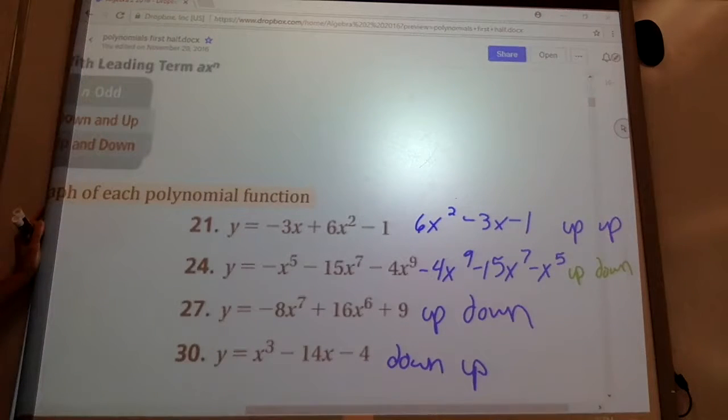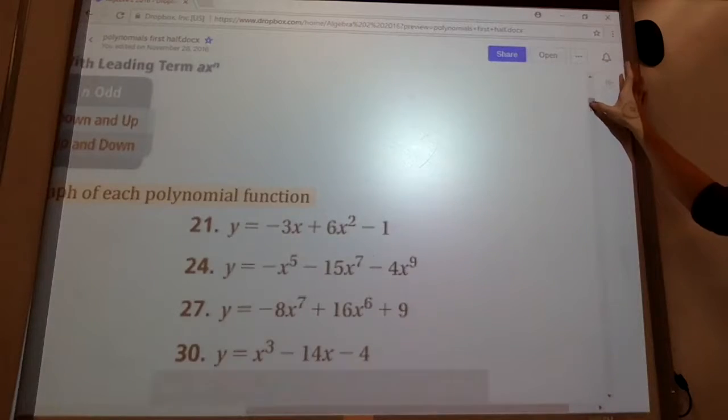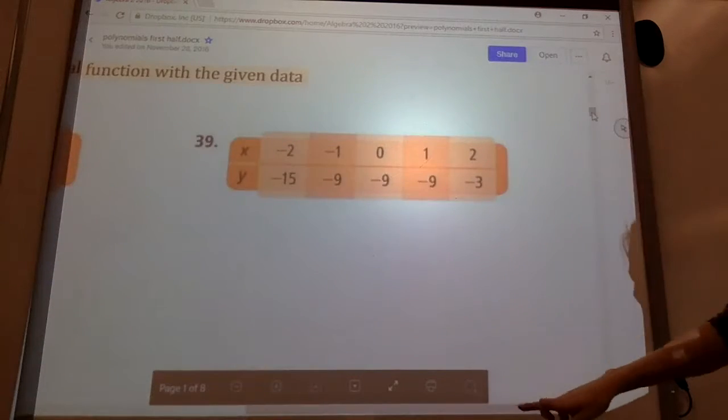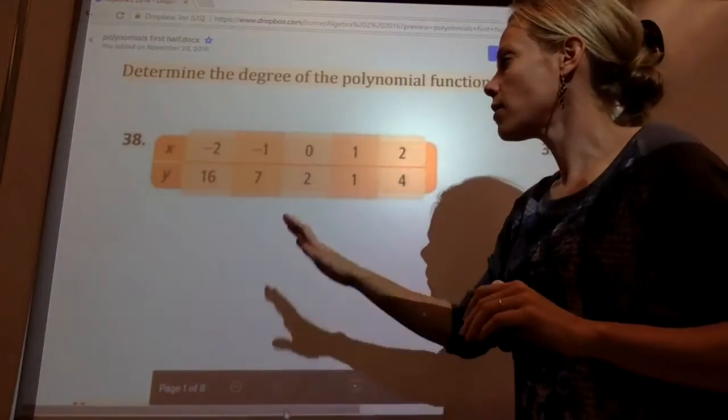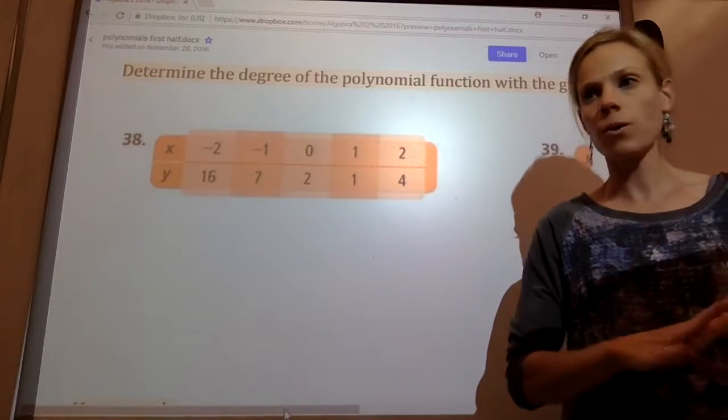Okay. So just some basic properties of polynomials, right? Naming them, given some properties of them, how many terms, ending behavior. So the last thing I want to look at, there's only 3 things today. The last thing I want to look at is if I give you a data set, how can you tell if that's linear, quadratic, cubic, quartic, and so on?